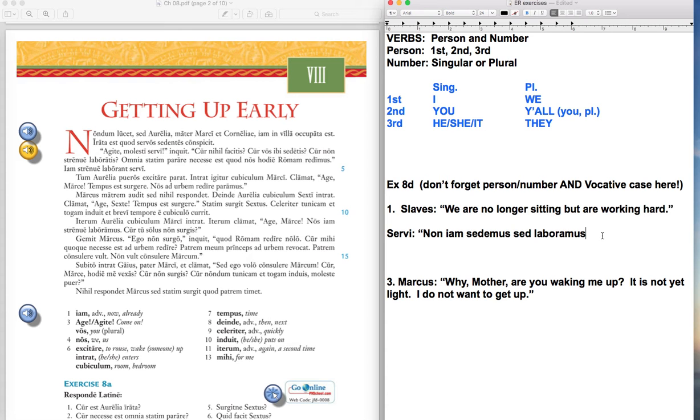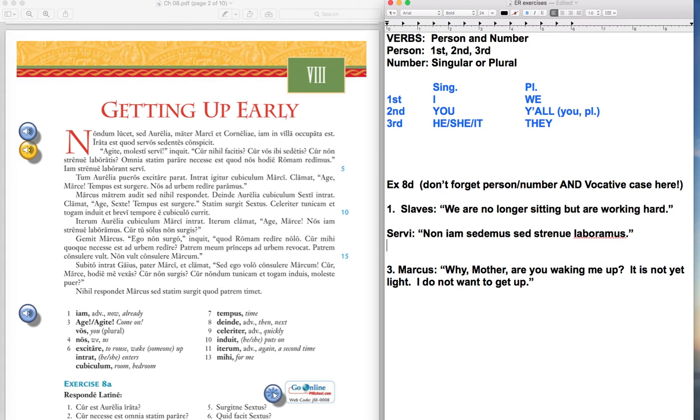Sed laboramus, and then we have the working hard part. Strenue laboramus, and I would put that actually before the verb. I don't think it's critical, but sed strenue laboramus. So we're no longer sitting, but we are working hard.